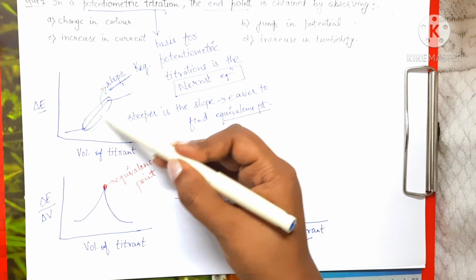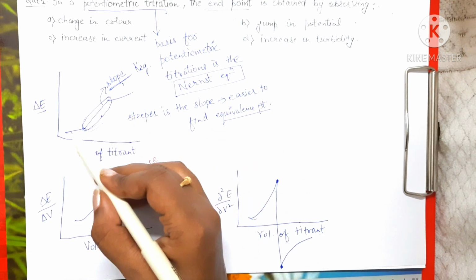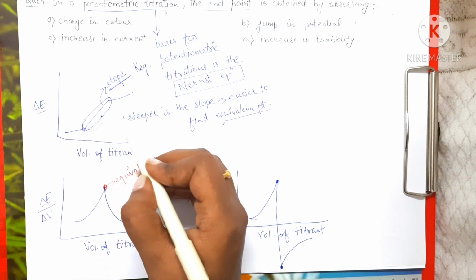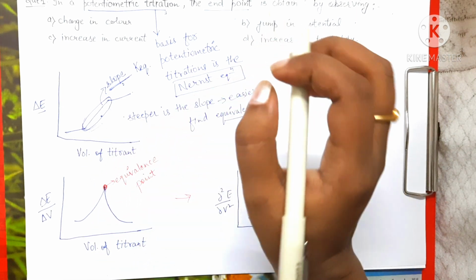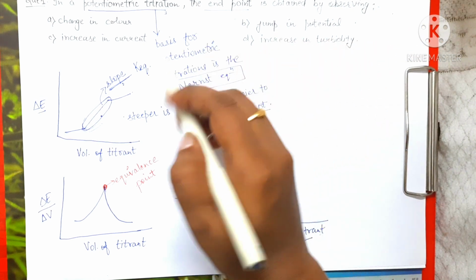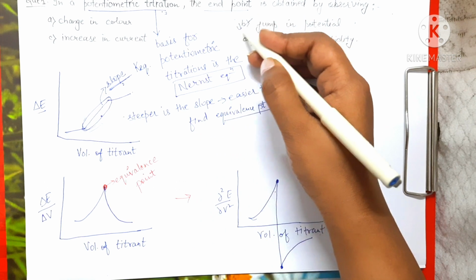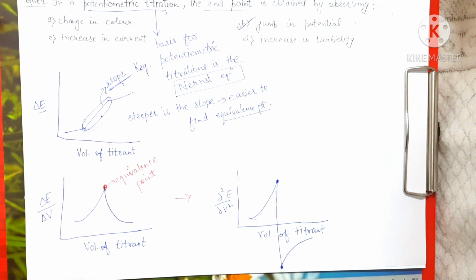There was not a similar increase in the value of del E. There was a jump, right? So in all these cases, what we are going to observe in case of potentiometric titration is the jump in the value of potential. So the correct option is option B. So with this, we'll move on to the next question.